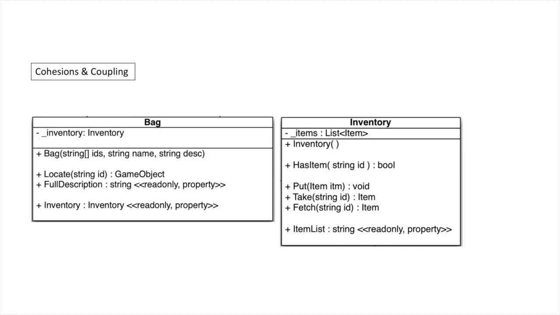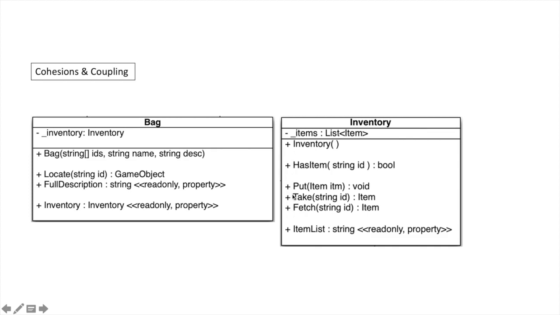Low coupling, on the other hand, means independency. So even though they're using one another and they're related to one another, they are still independent in a sense that their fields are kept private and they only provide particular methods as needed to the public.